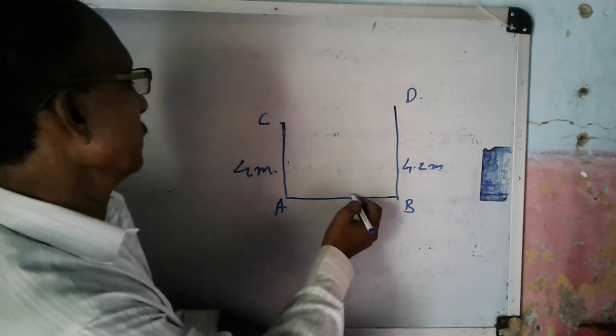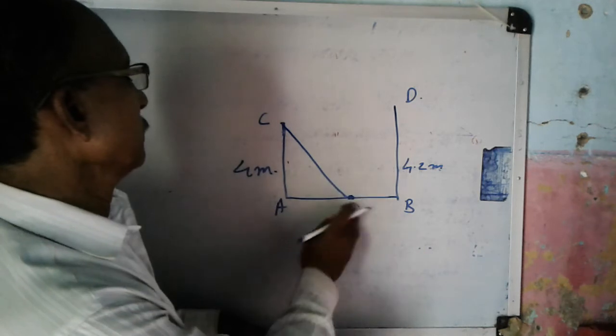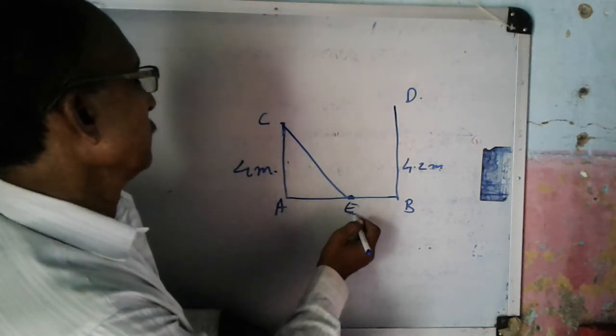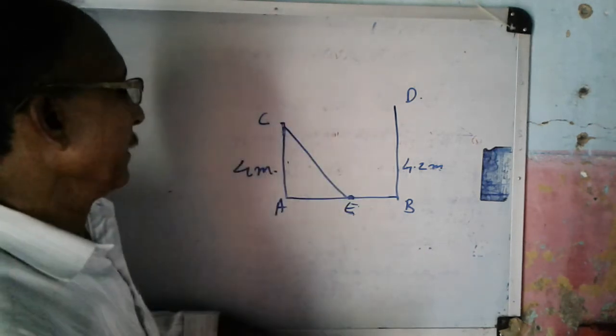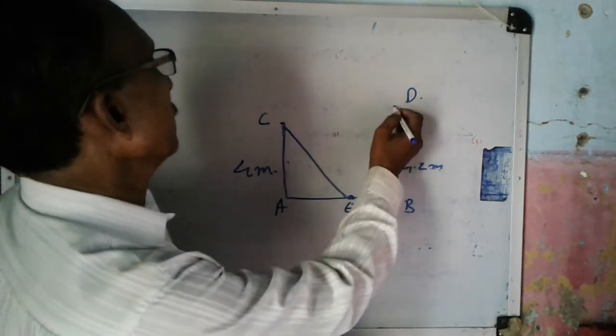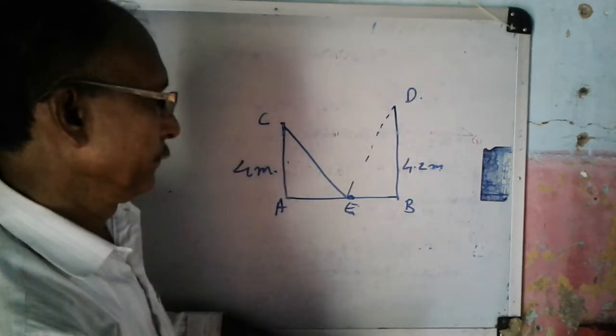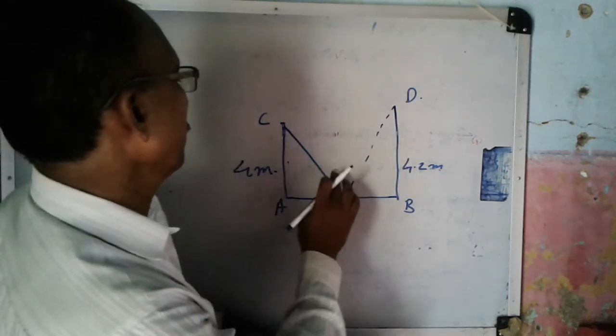And if we turn this ladder, it touches at point D. So this height is same.